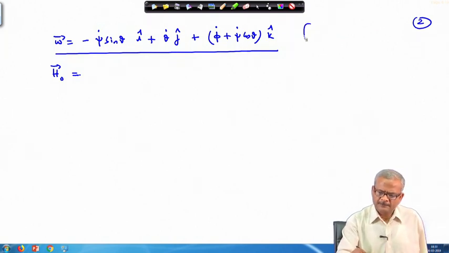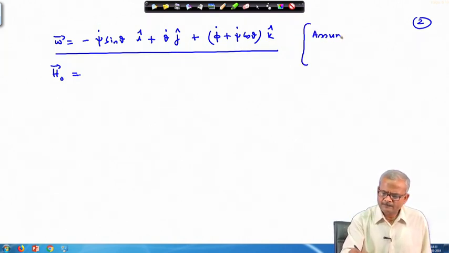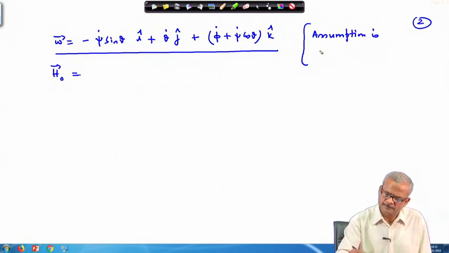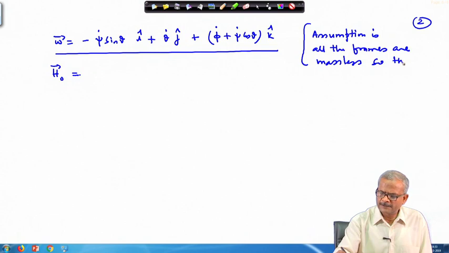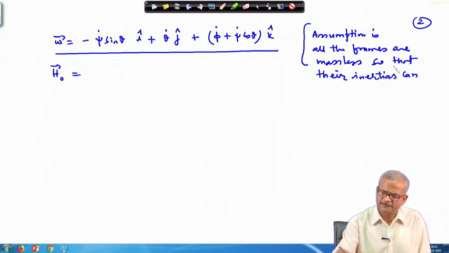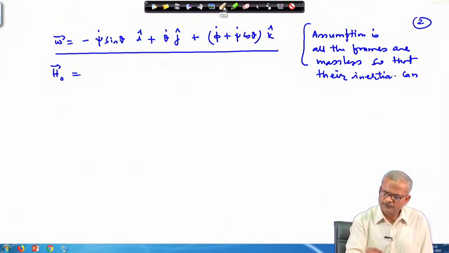And here our assumption is that all the frames are massless, so that their inertias can be ignored.